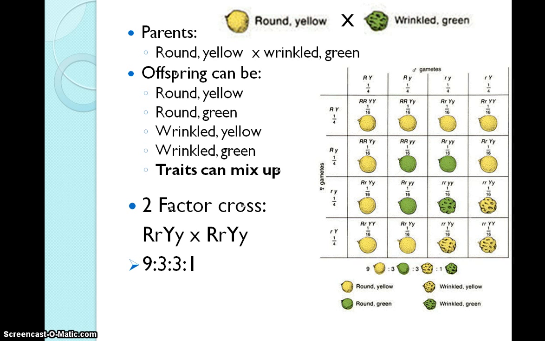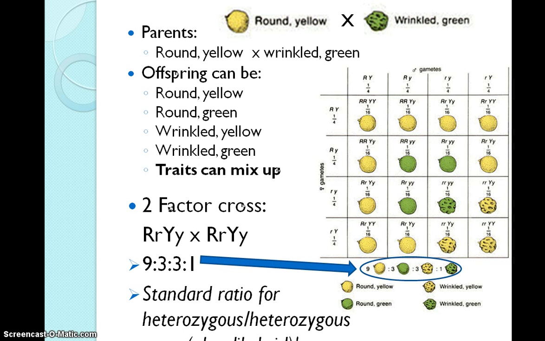This is important because if you ever see this ratio 9:3:3:1, you know immediately that this is a standard ratio for a dihybrid cross. So what we have is the standard ratio for heterozygous crossed by another parent that is heterozygous. Again, 9:3:3:1 is a standard ratio for those parents.